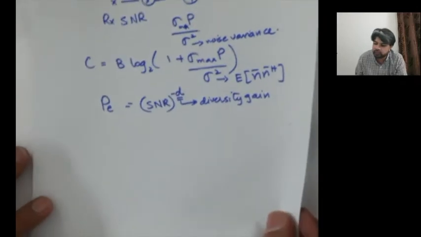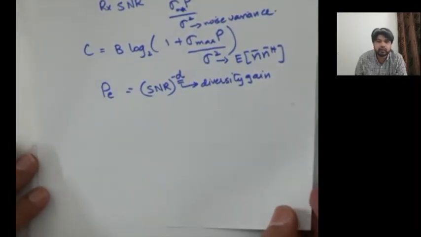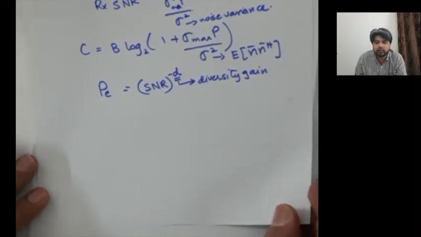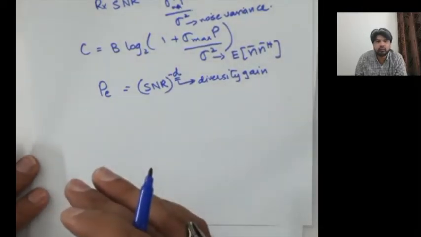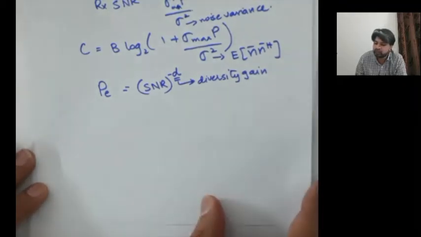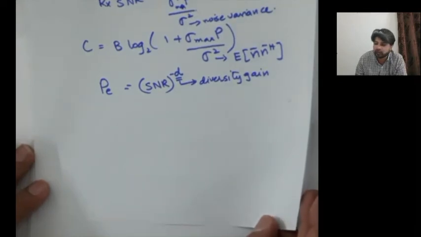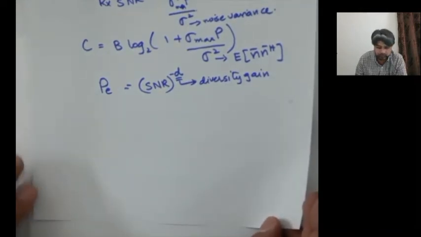When we were looking at the diversity combining, we said that the number of independent multipaths shifts your bit error rate performance curve towards the left. So the higher the number of independent multipaths, the higher diversity gain you will get.